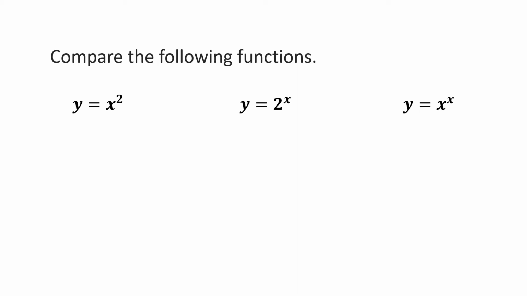So if we look at this first function, y is equal to x squared, we have a variable which we can think of as a function itself. So we have a function raised to a constant.